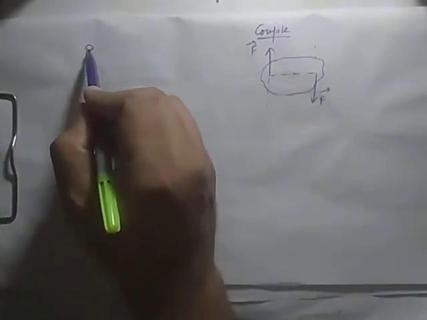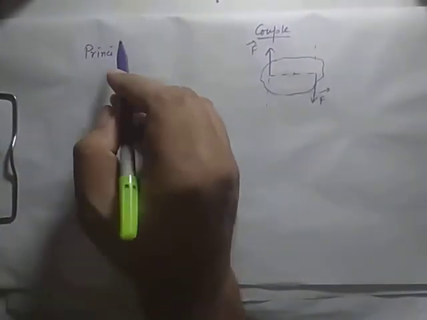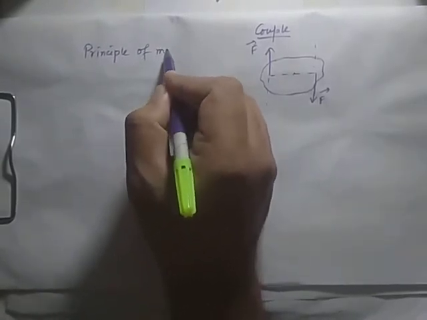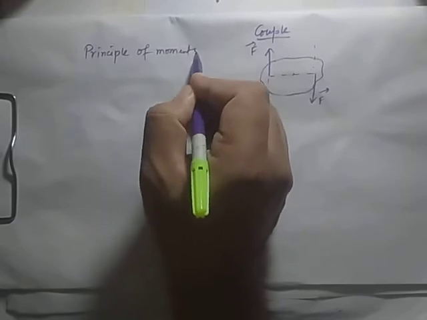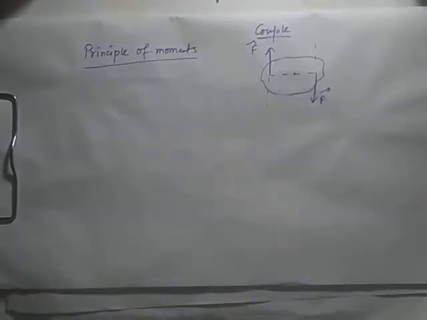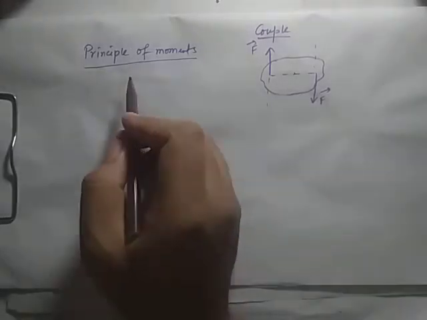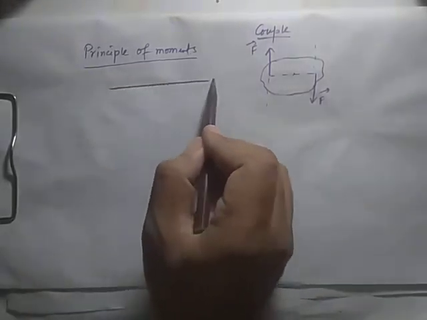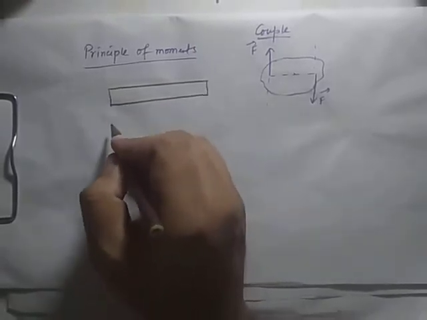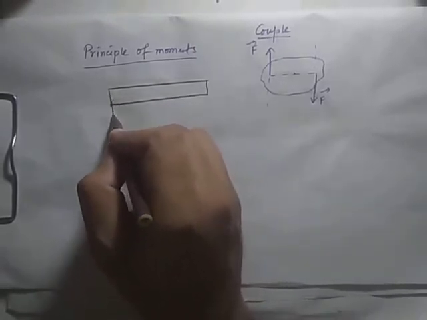Next we learn about moments, the principle of moments. What is this principle? Suppose I draw one diagram here. This is an object, and this is the force acting on this side.